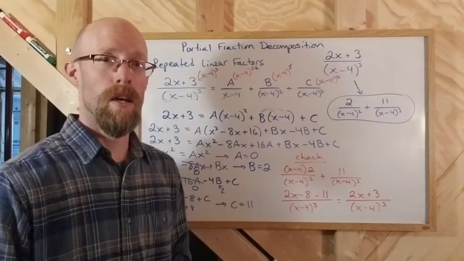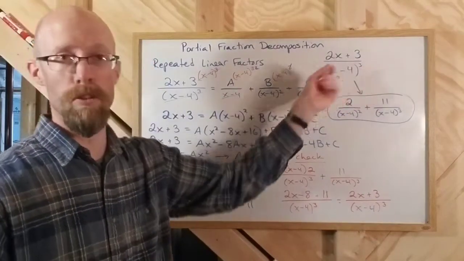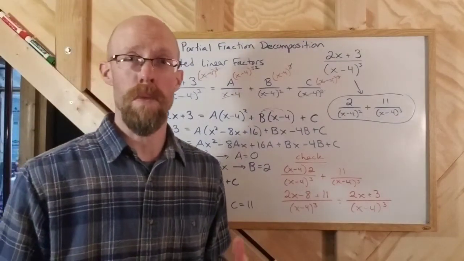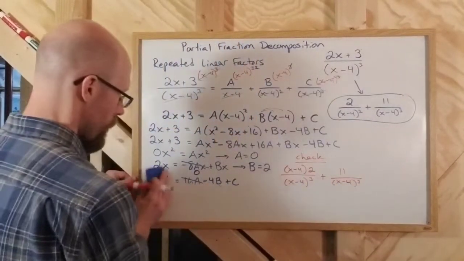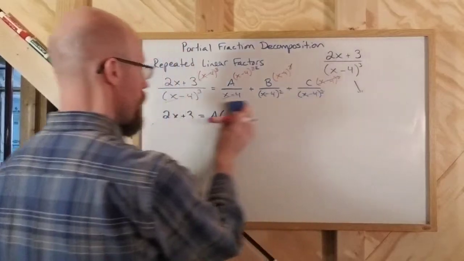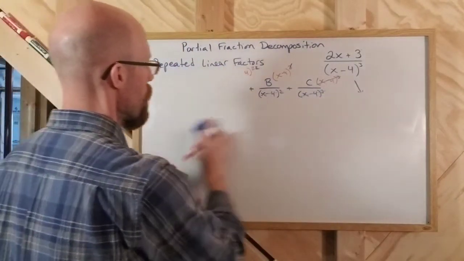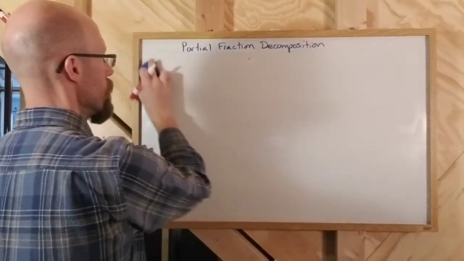All right. Now what's interesting is on this example I had an x minus 4 cubed. That was our repeated linear factor. But we can start actually mixing these together, the repeated linear factor with the non-repeated linear factor, and we just have to treat them the same as we do if they're the only ones in the fraction.